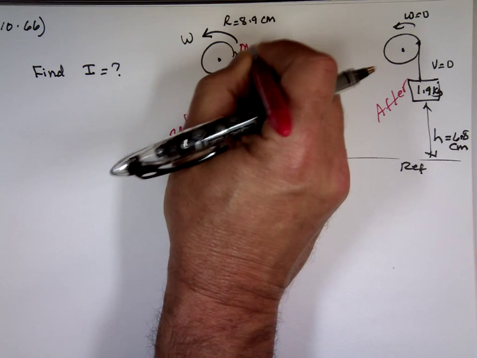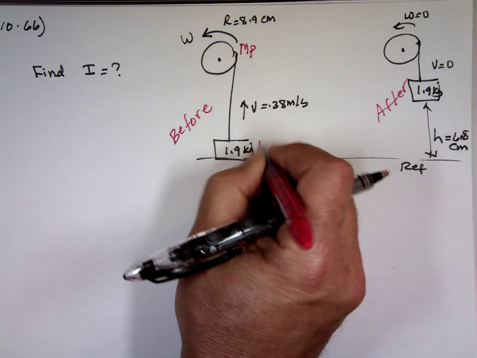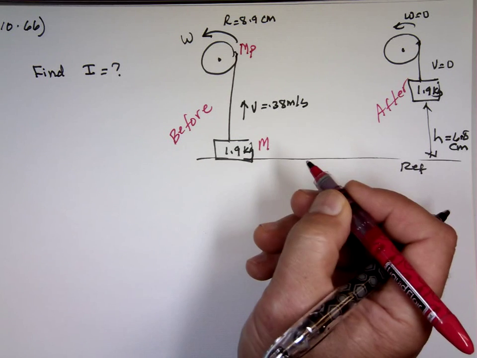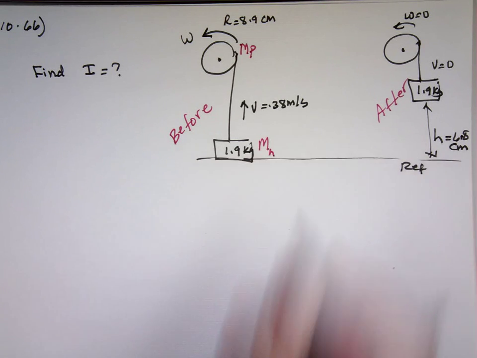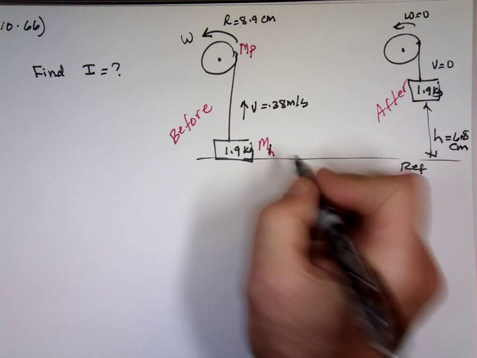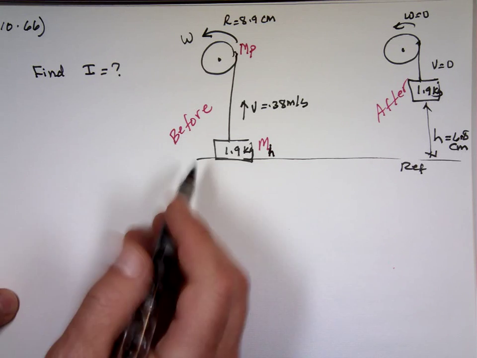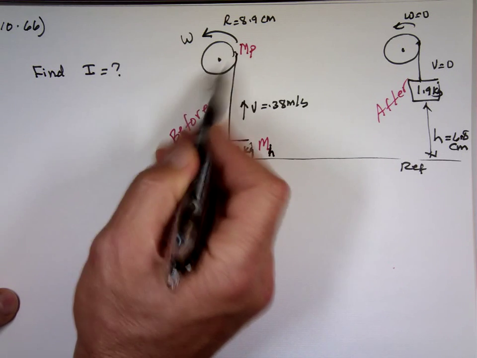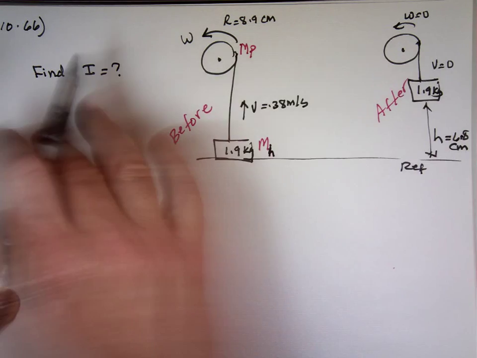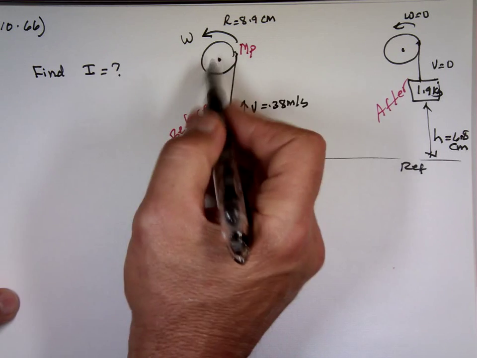The hanging mass, whatever we hang in there, so you know which one's which. So let's look at it. This is not changing, so potential energy for this pulley does not change, so I don't even have to deal with it. This one's spinning, it has a rotational kinetic energy.